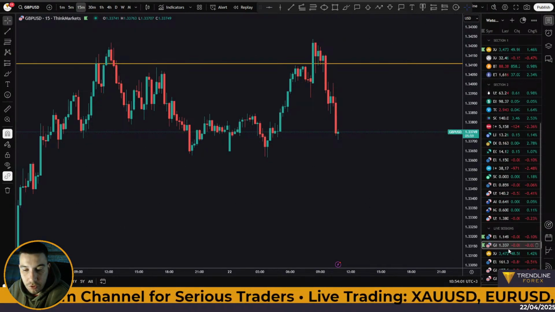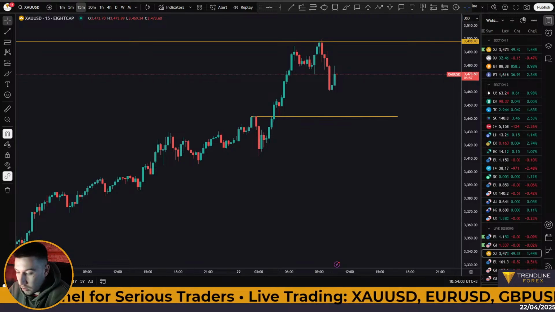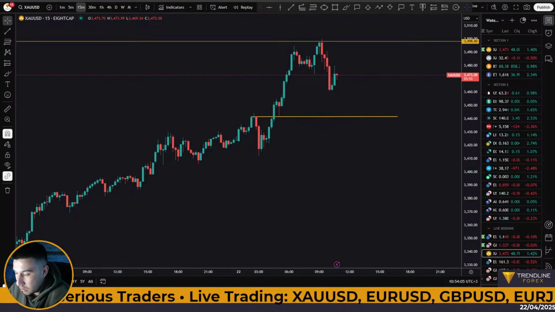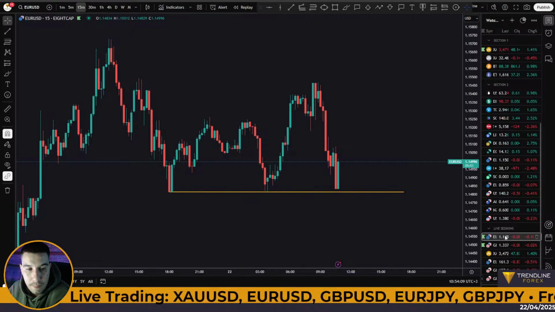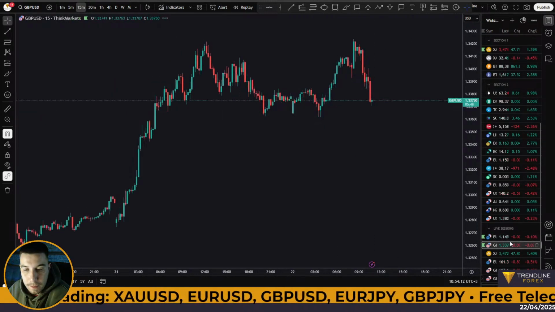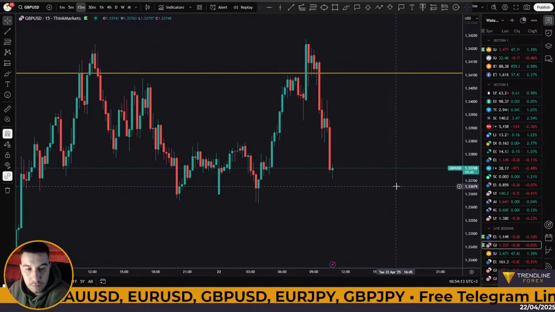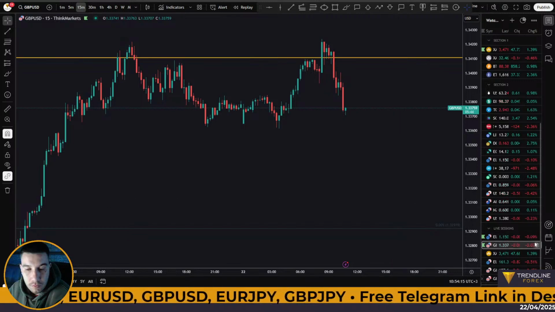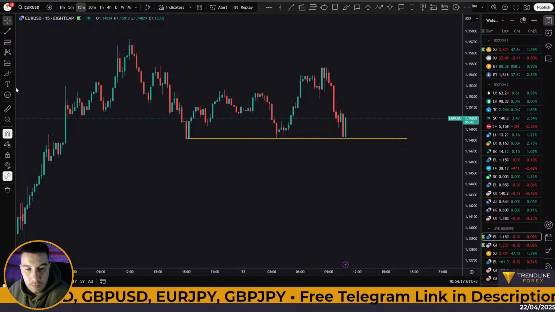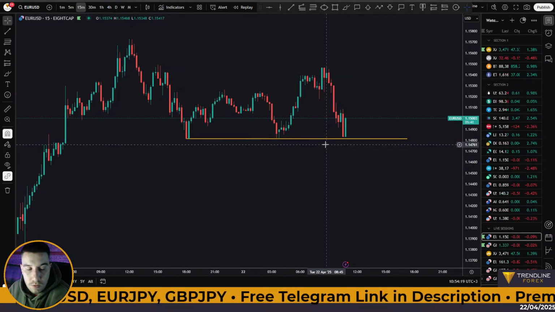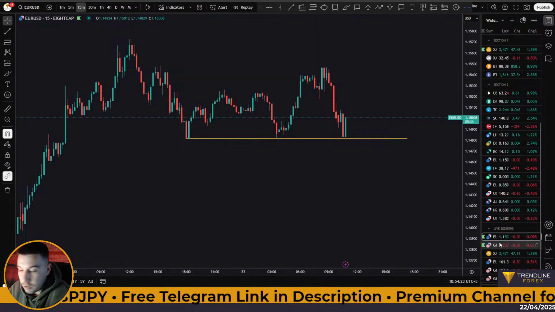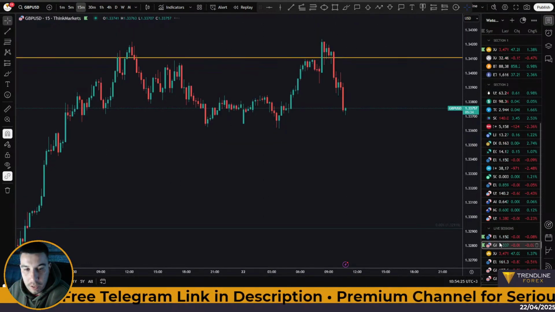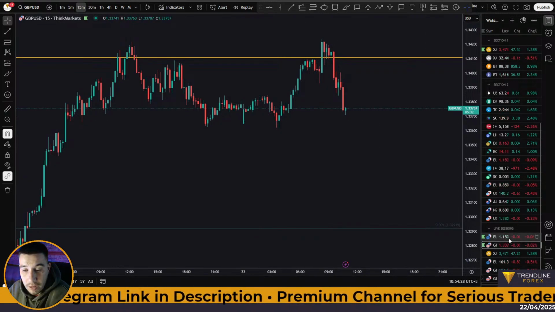Don't yet have such a reaction on pound dollar, but it looks like we may be forming up this range right here. So as you can see, we are trading sideways on both pound dollar and euro dollar.